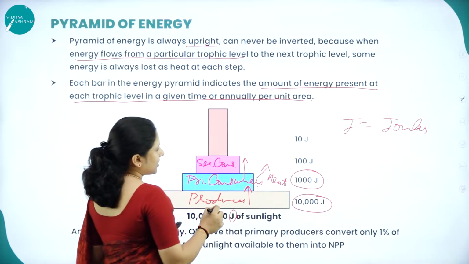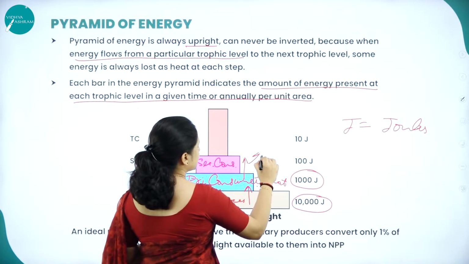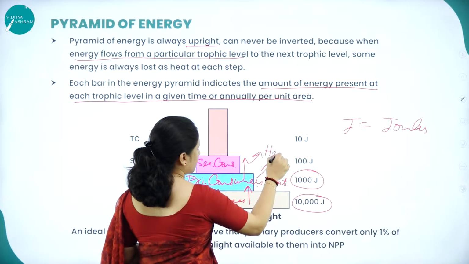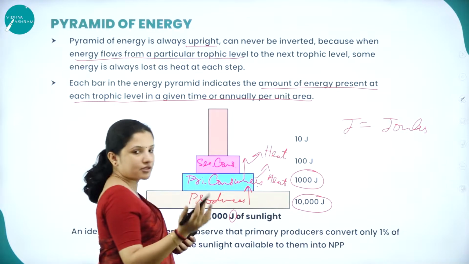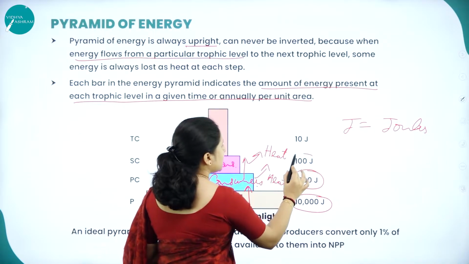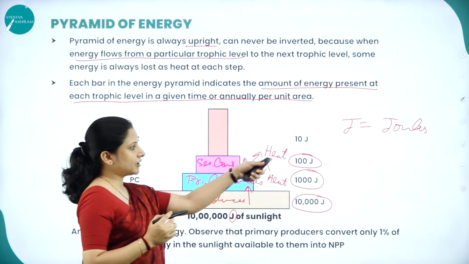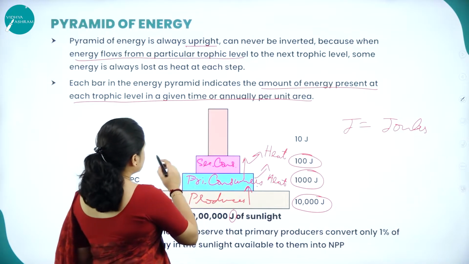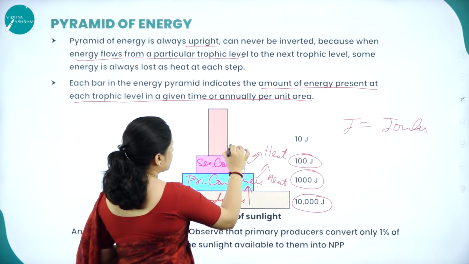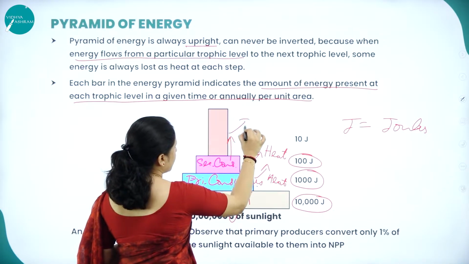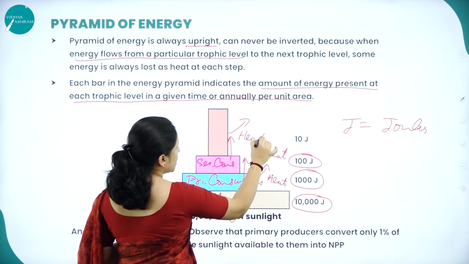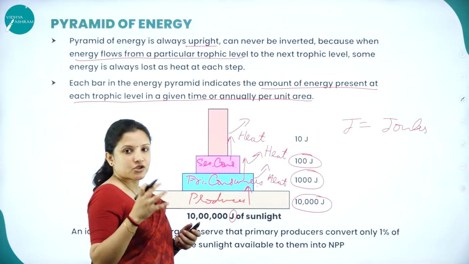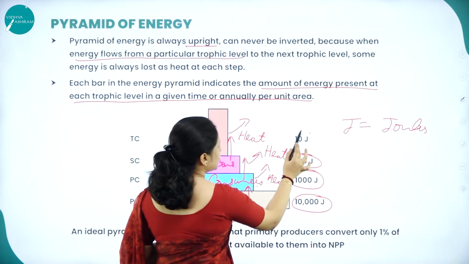Again, some energy is lost in the form of heat during the movement, and therefore the energy in the secondary consumer is 100 joules. Next, the tertiary consumers. Again, when it moves to the tertiary consumer, some amount is lost as heat, so the energy remaining in the tertiary consumer is 10 joules.